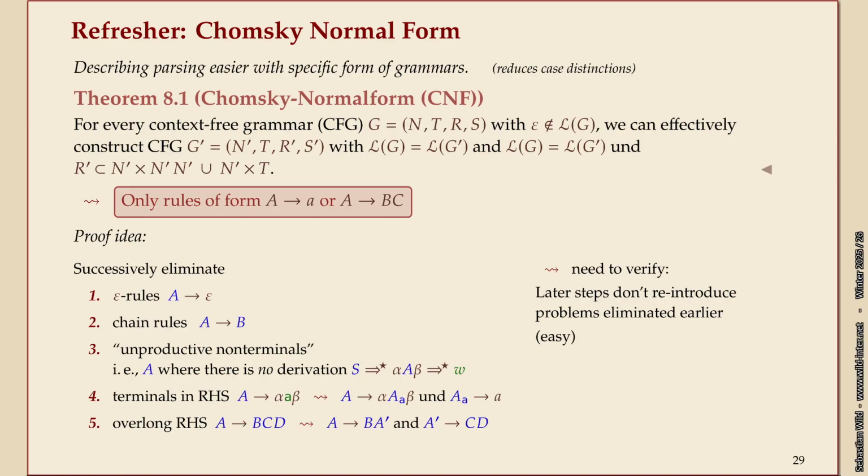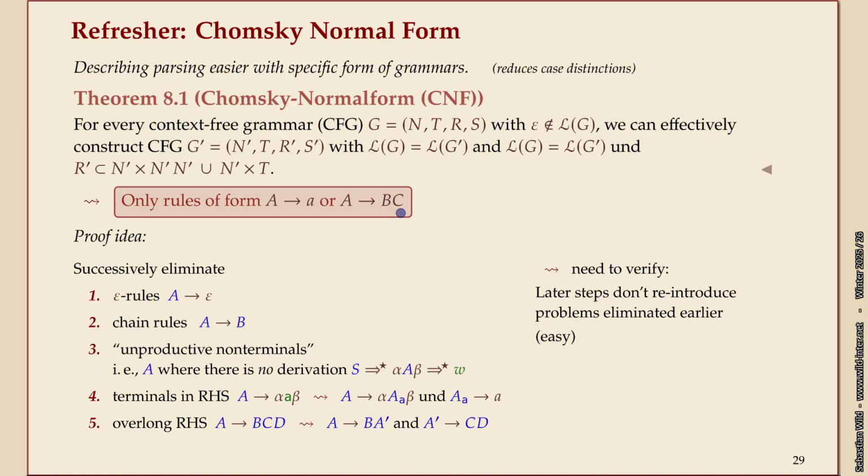That's the part that you usually don't talk about in undergrad modules, to not scare people away from this lovely area. Chomsky normal form basically says we can, without loss of generality, assume that the grammar has only two types of rules. Either a non-terminal is replaced by a single terminal, or the non-terminal is replaced by two other non-terminals. In particular, there's a few things that are not allowed.